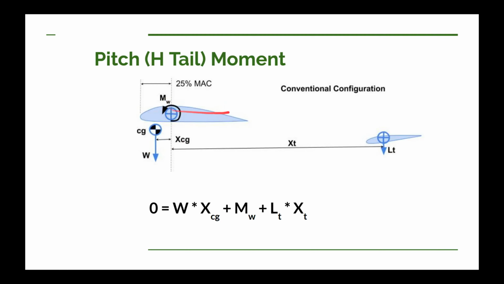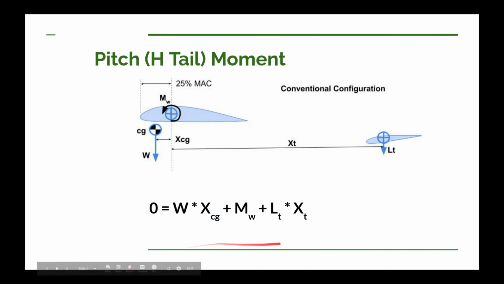And then the last portion of this equation is this LT and XT. This XT is the distance from the 25% mean aerodynamic chord of the wing to the 25% mean aerodynamic chord of the tail. And this LT is the load on the tail, which is the W from our previous equation.